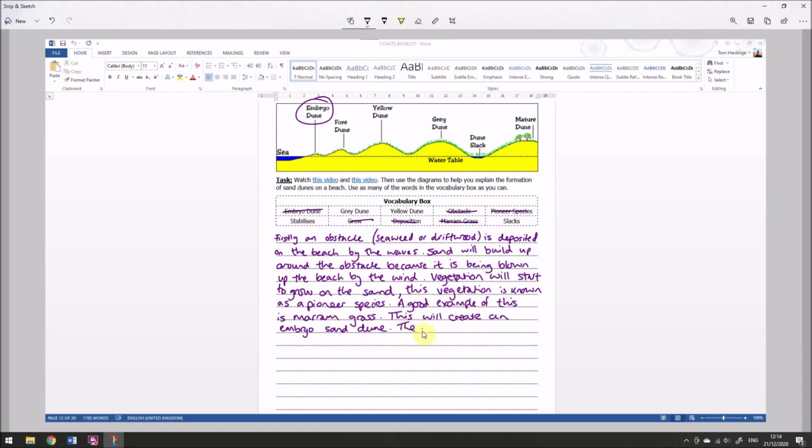So we can say that the roots of the vegetation, the marram grass, anchor the sand together, stabilizing it, allowing the sand dune to get bigger.